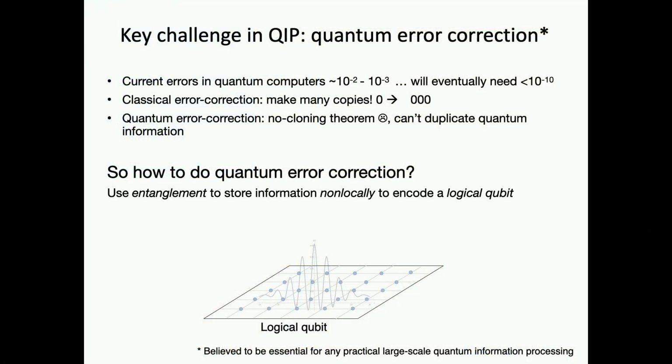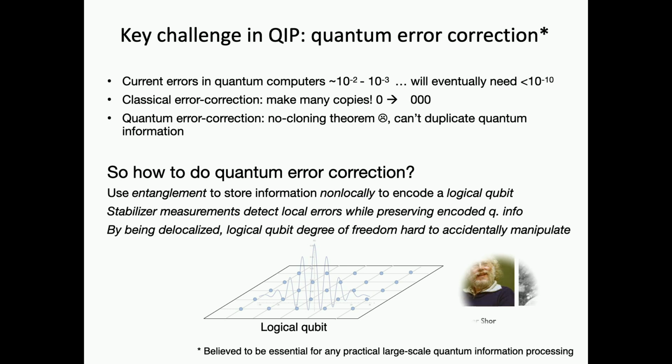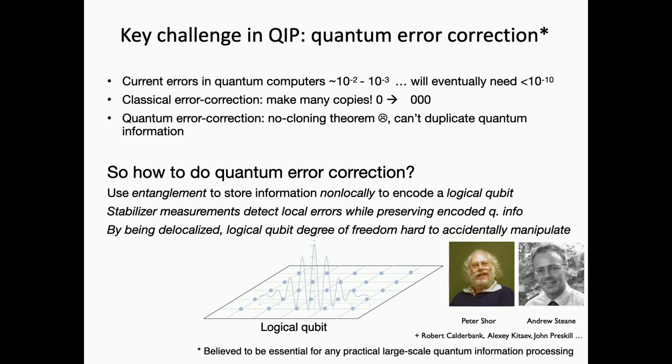And if you store this non-local quantum information correctly, you can then use the stabilizer measurements, which we heard about this morning, to try to detect if local errors have occurred. And by being delocalized, this so-called logical degree of freedom is hard to manipulate accidentally.